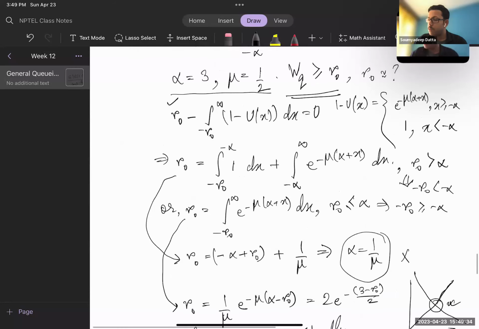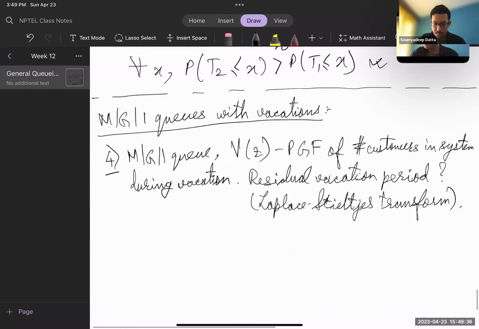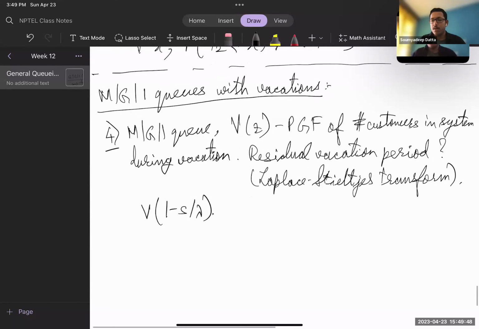And so the answer for this is given by V of 1 minus S by lambda, right? So this is the PGF of the residual vacation period, and this is the answer.